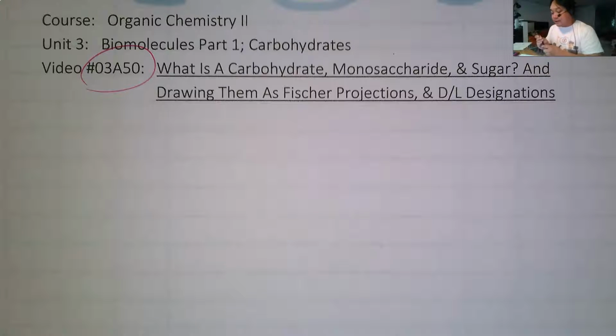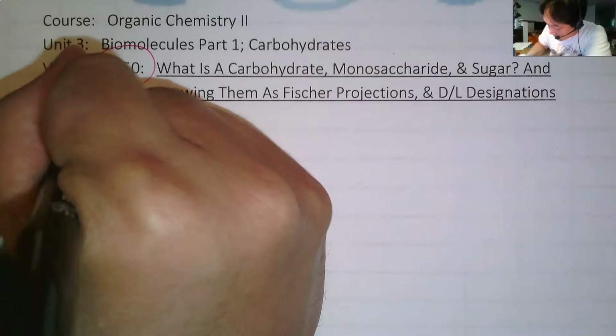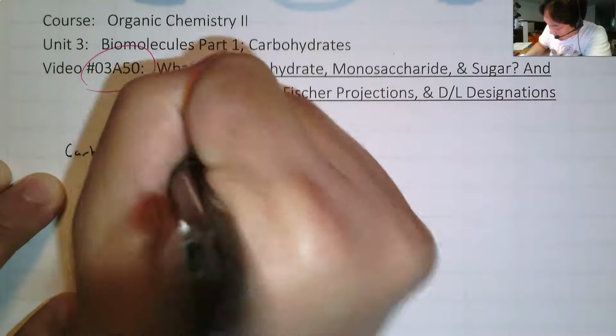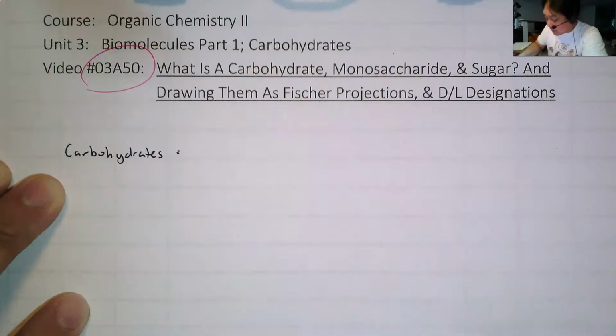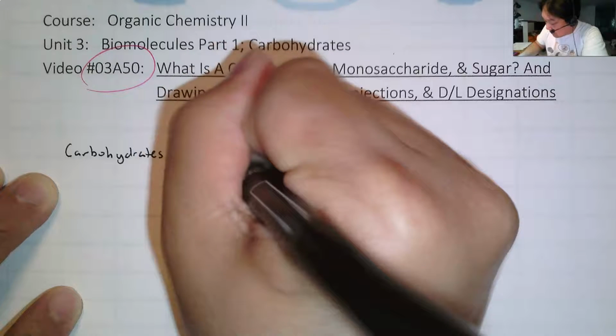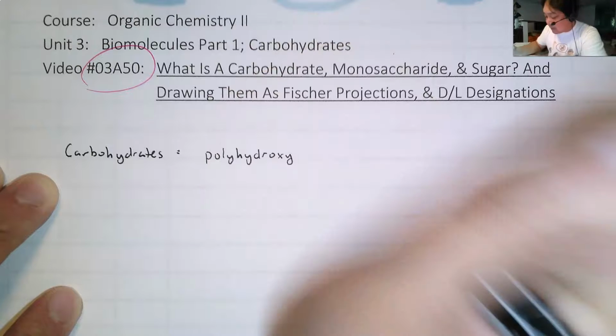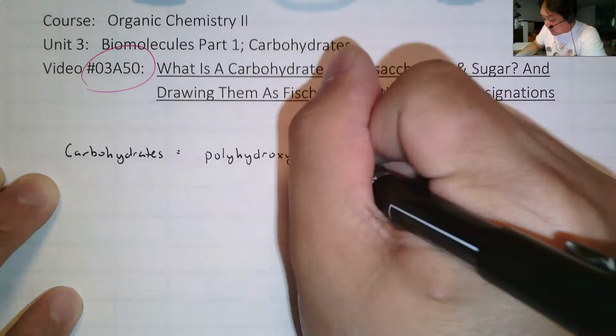So the first thing is carbohydrates, the definition. Polyhydroxy aldehydes and ketones.